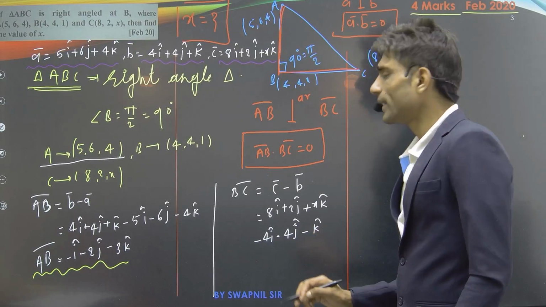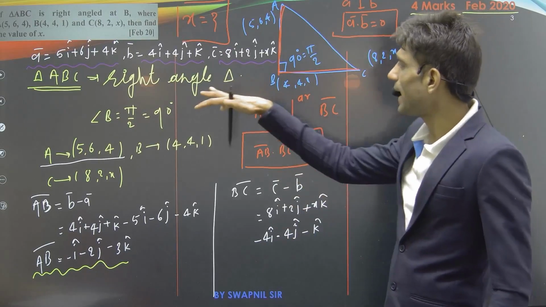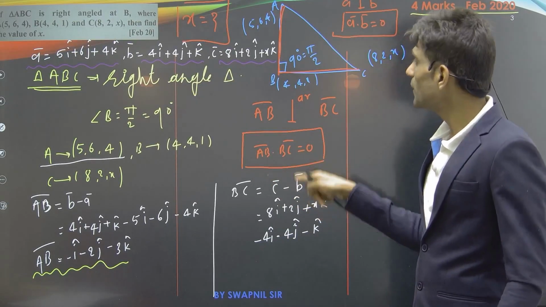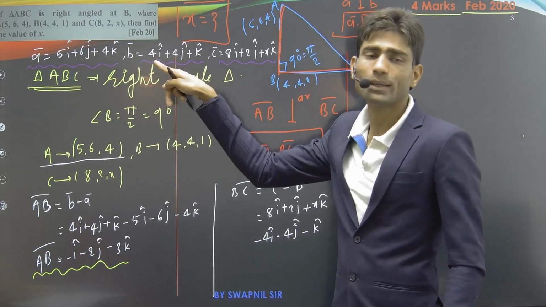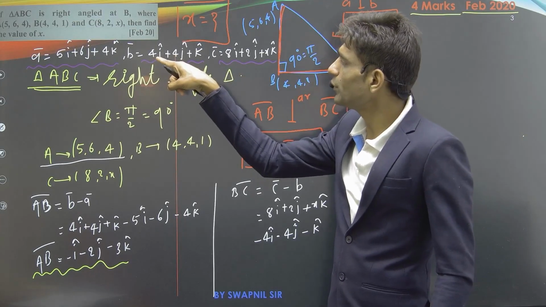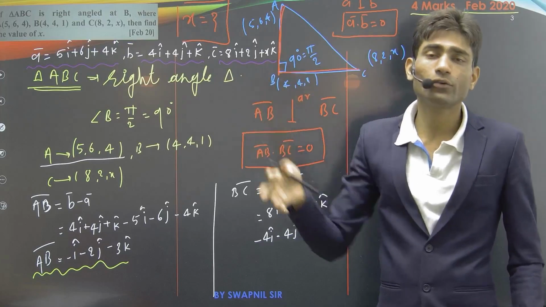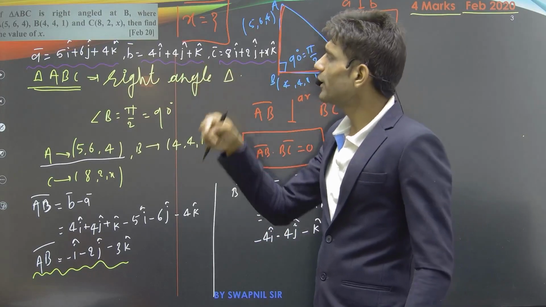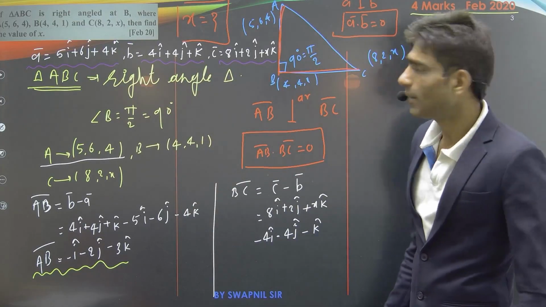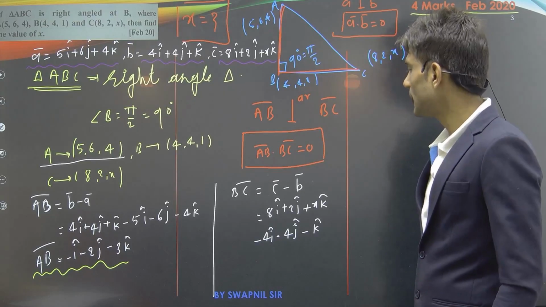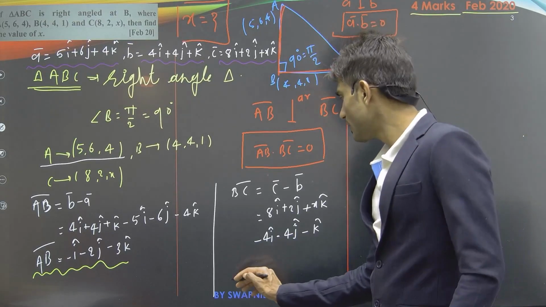I have multiplied the negative sign into the position vector B bar: negative into positive 4 I cap means negative 4 I cap, similarly negative 4 J cap and negative K cap. Now go for finding the vector BC bar.